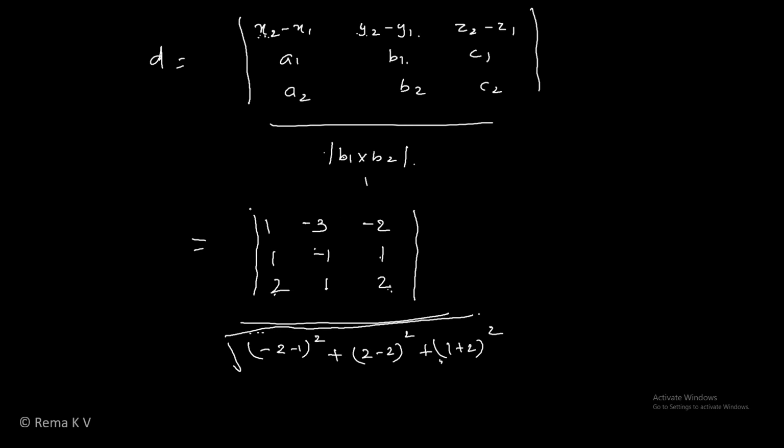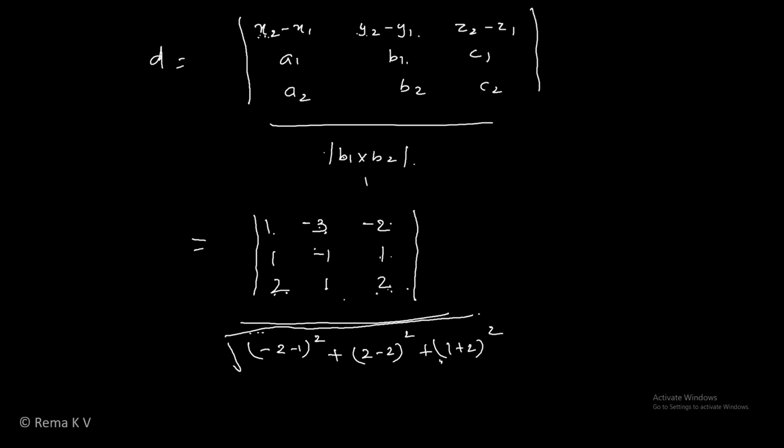Remember, in the determinant, in the numerator, you have to write the first row as x2 minus x1, y2 minus y1, z2 minus z1. The second row is the direction ratios of the first vector b1. The third row of this determinant is the direction ratios or the scalar components of the second vector b2.